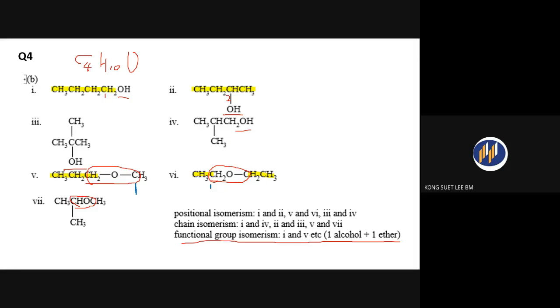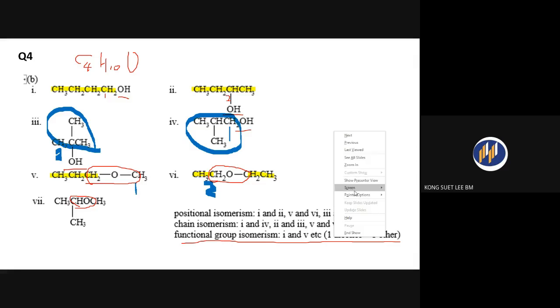Okay, this one at C1, this one at C2. And then 3, 4. Yes, you see, the branch is the same, the chain is the same. But this one at C1, this one at C2. Okay, so these 3 pairs consider as positional isomer.